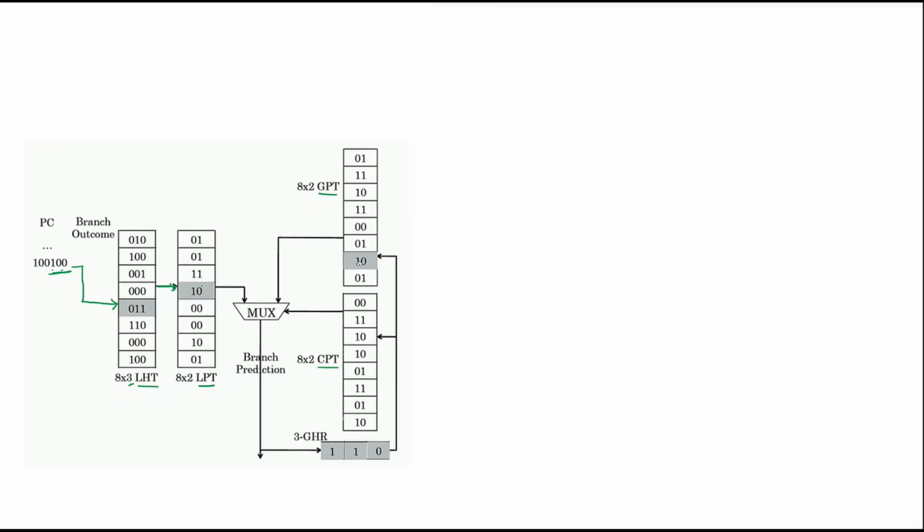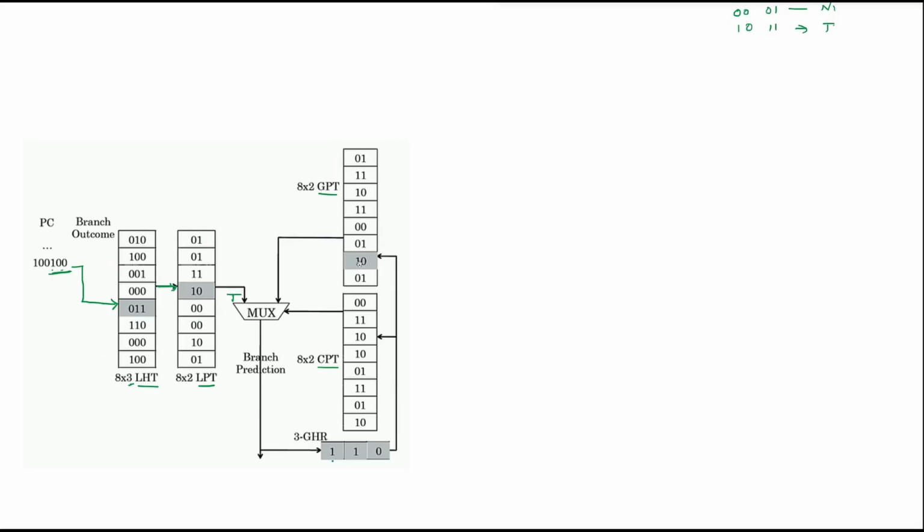It is weakly taken, but it is a taken case. Remember, 00 and 01 are not taken, and 10 and 11 are taken. So the output of the local prediction table is a taken case.